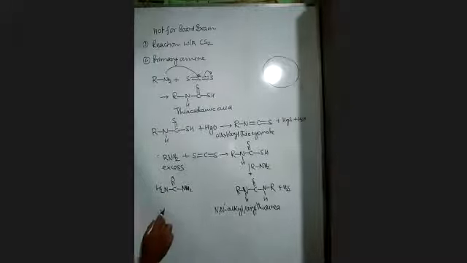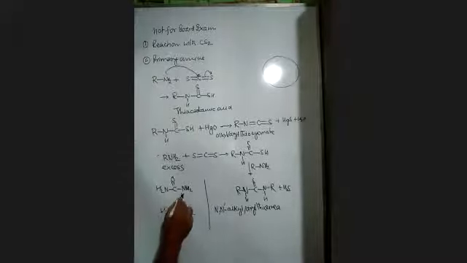NH2 CO NH2 is called urea, and if you replace oxygen by sulfur, we call it thiourea. This is urea, and this is called thiourea.